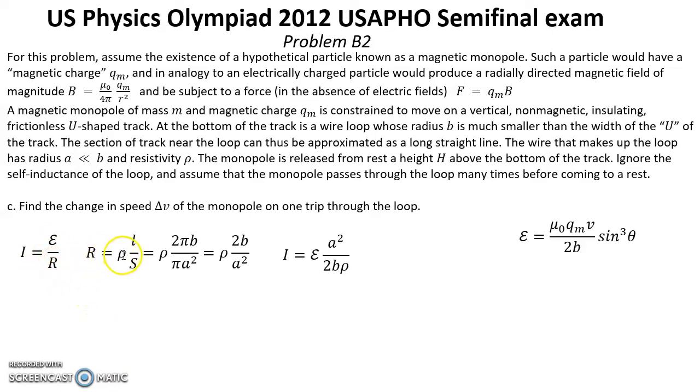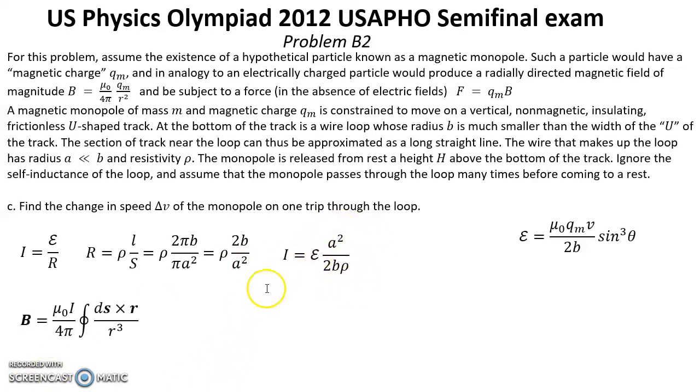Resistance equals resistivity multiplied by the length of this loop and divided by the cross section of this loop, which is rho 2 pi b over pi a squared, and finally resistance equals resistivity multiplied by 2b over a squared, and current equals this expression.